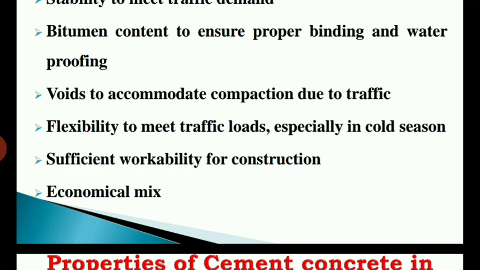At that time the deformations that develop will appear on the top layers. Again we can see the different undulations on top of the pavement layers. So it should bear all those conditions, right? So the undulations should be removed easily, such that it has a plane shape with better compaction. And flexibility to meet traffic loads, especially in cold season.